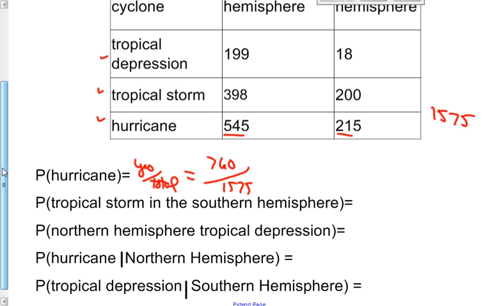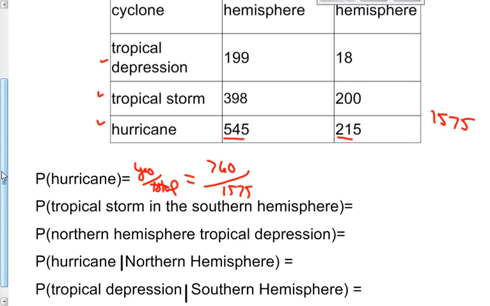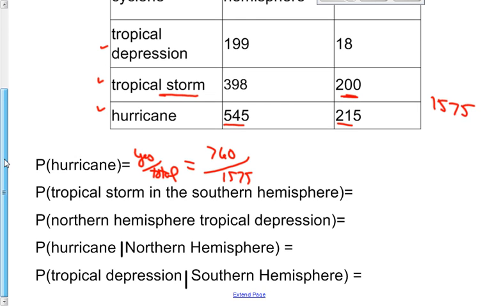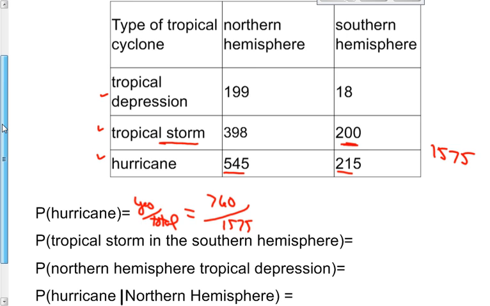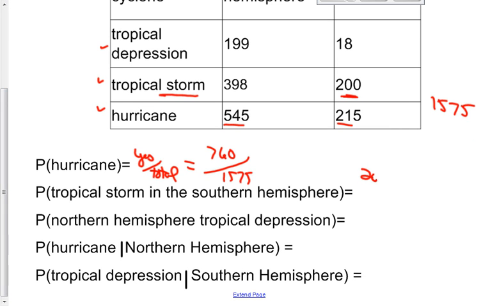What's the chance that I have a tropical storm in the southern hemisphere? So now we need to look at tropical storm. Tropical storm is here. Southern hemisphere is this number. So what's the chance that I have a tropical storm in the southern hemisphere? 200, and then my total again, 1575.